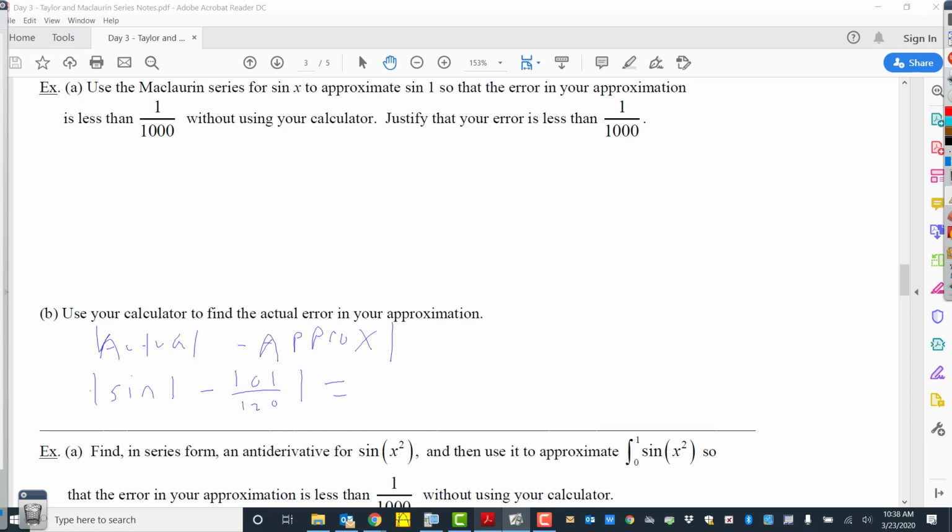Well, sine of 1, let me get my calculator again, and make sure we're in radians, not degrees. So sine of 1 minus 101 over 120, and the absolute value of that, gives us 0.000196, is what I'll round it off to.